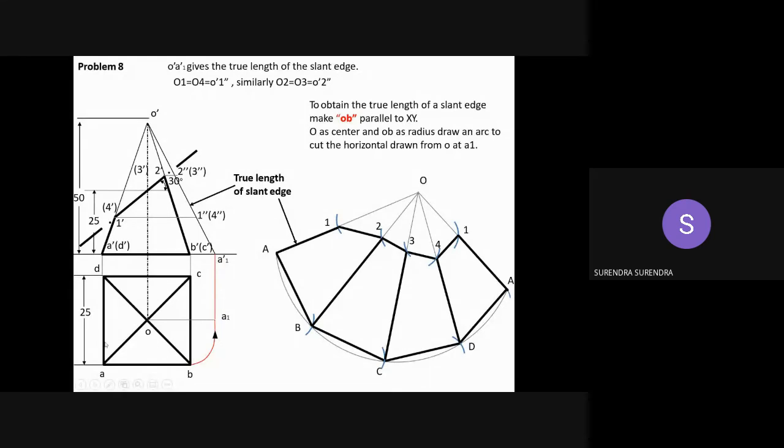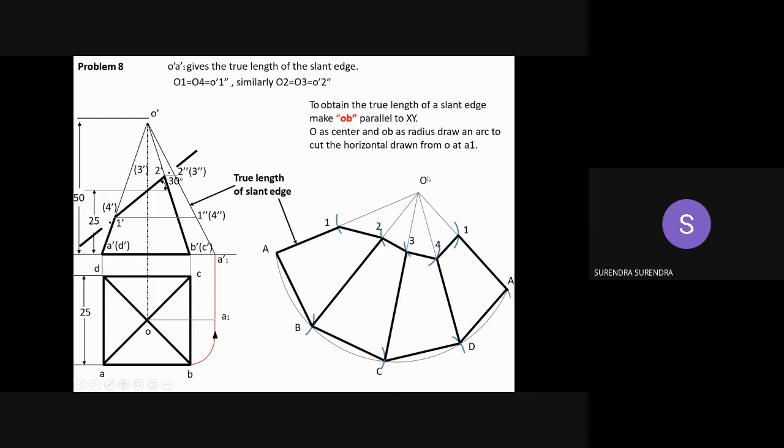The point marking is varying, but the process is you have to project points 1, 2, 3, 4 onto the true slant length, and while marking these points you have to take the distance O dash to the projected point on the true slant length. So OA is the true slant length.